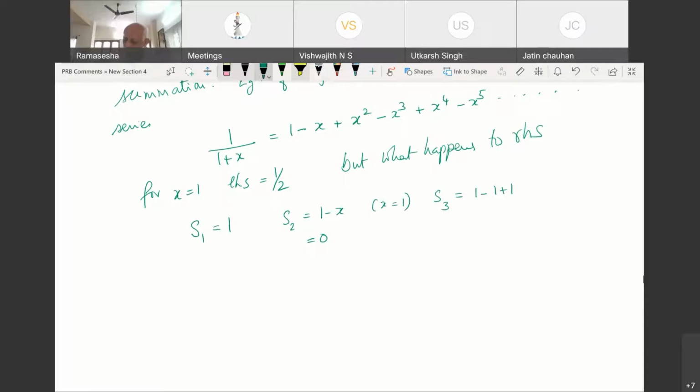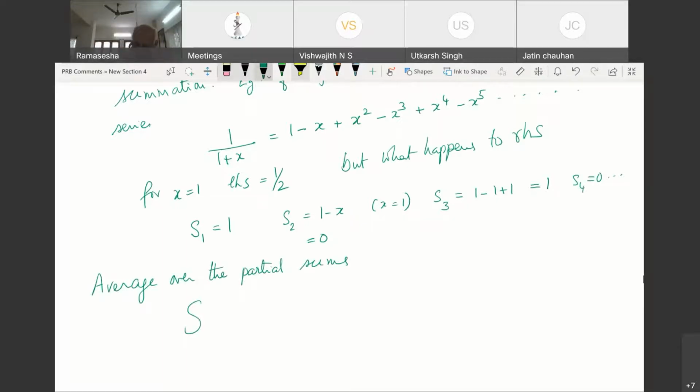So now I'll say that the summation S is equal to the average of the partial sums S_n. When you do this, what do you get?